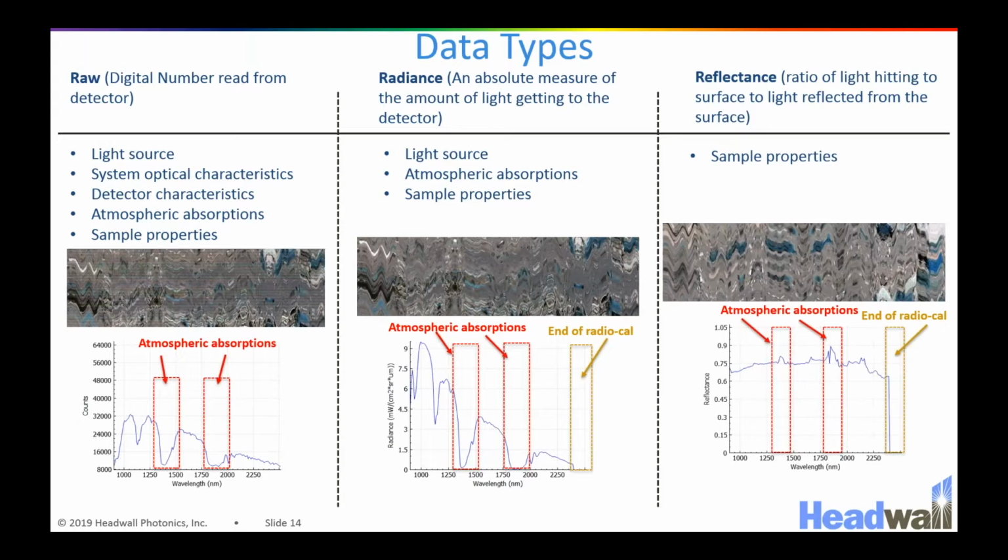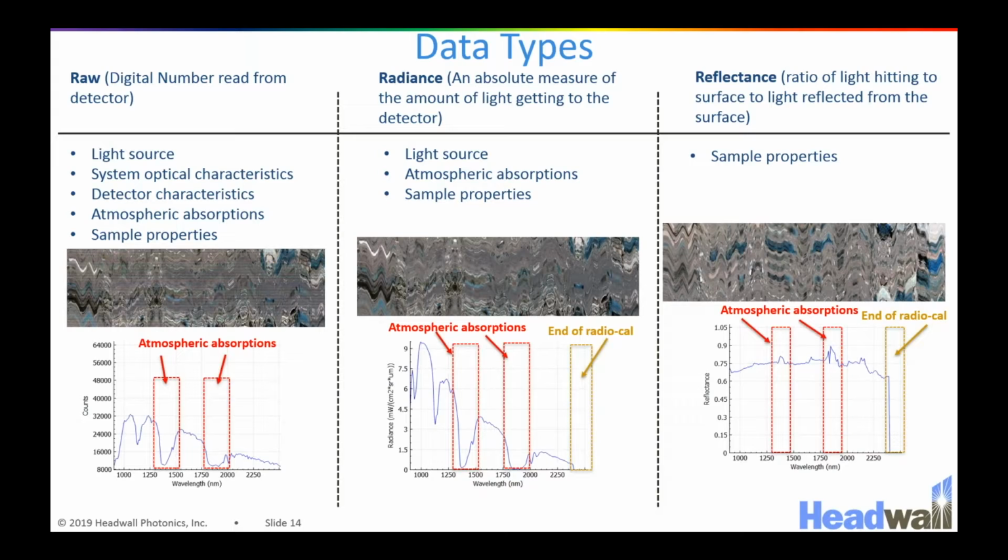And finally, if you convert from radiance to reflectance, which is basically the amount of light reflecting off the sample divided by the amount of light hitting the sample, that only depends on the sample properties. This is generally the ultimate goal that we want. Again, you might get some not low numbers because you have very little signal, but you're also dividing by basically 0. So nonsense is going to happen in the atmospheric absorption regions, even after you convert to reflectance.